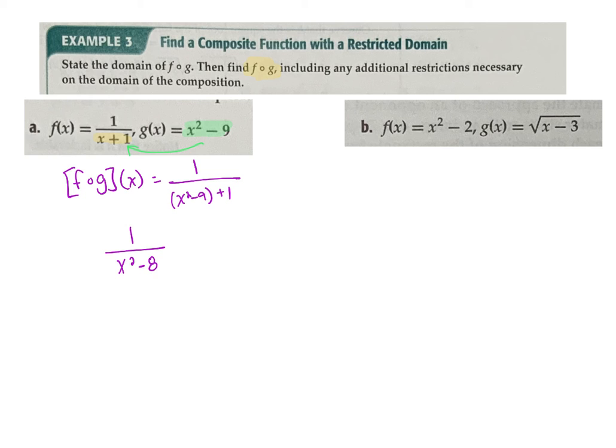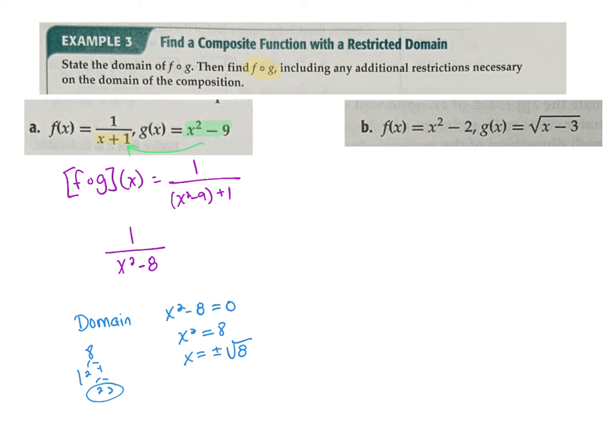What is a problem is if that denominator equals 0. Okay? So I'm going to say, well, my domain is going to be what happens when this guy equals 0. Then we have a problem, okay? And so adding 8 over, we get x squared equals 8. Take the square root. X is going to be the positive or negative square root of 8. You can simplify that with a factor tree, right? 2 and 4, 2 and 2.